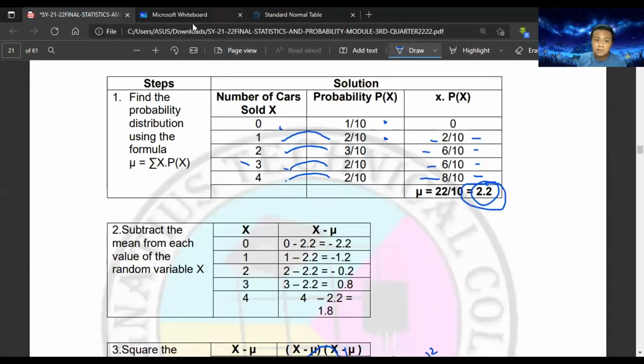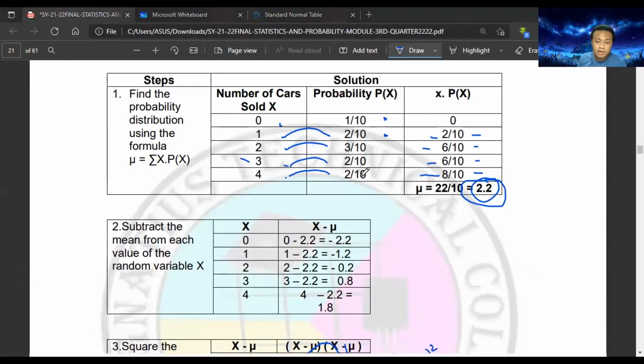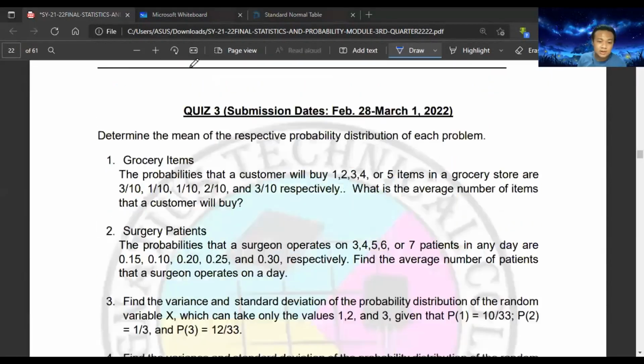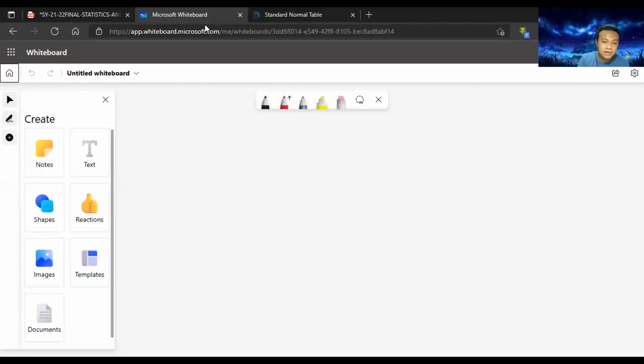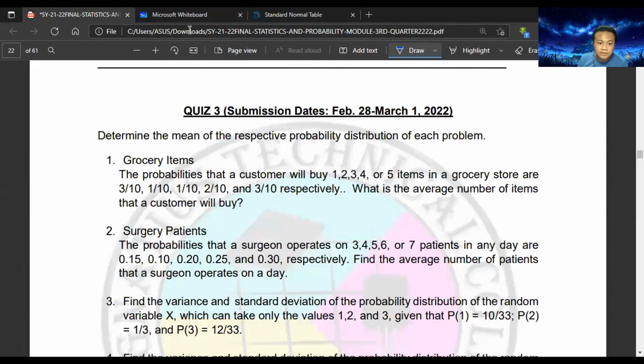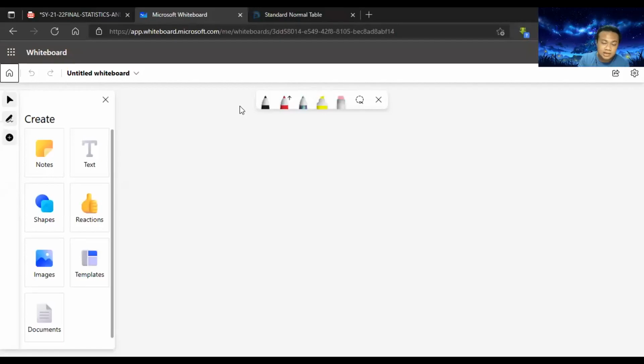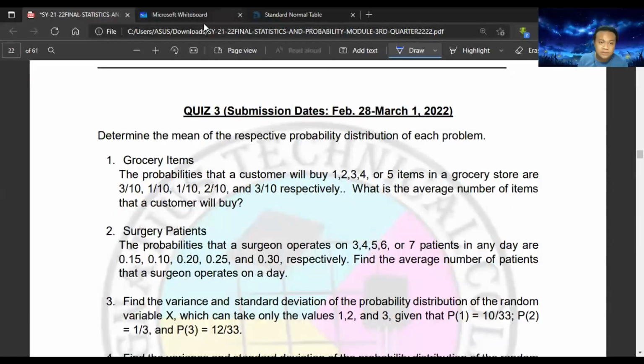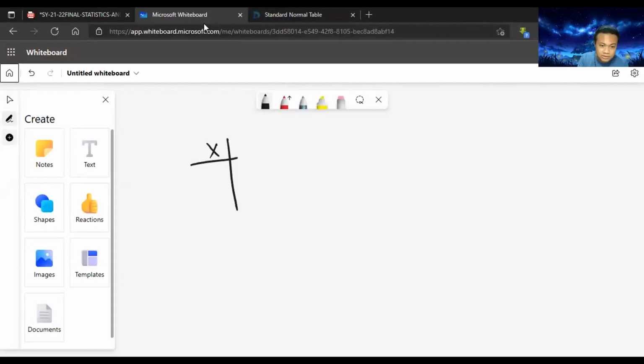So for you to do that, let's list all the sample values here. For example, the number of grocery items is x. So list them all here: 1, 2, 3, 4, and 5.